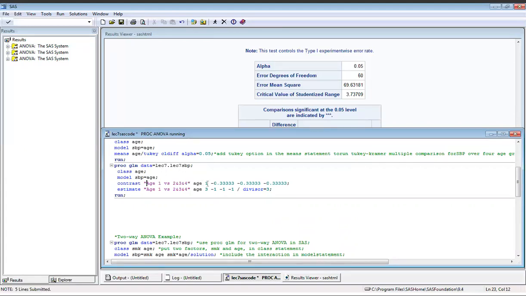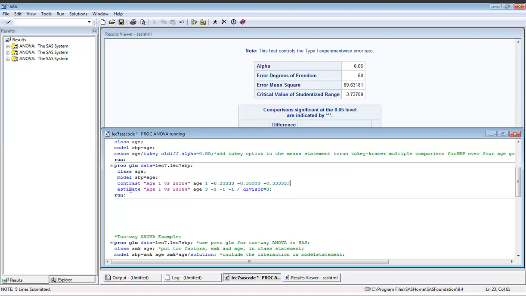This is equivalent to putting the coefficients C1, C2, C3, C4 equal to 1, negative 1/3, negative 1/3, and negative 1/3. This will guarantee that all the coefficients sum up to 0.